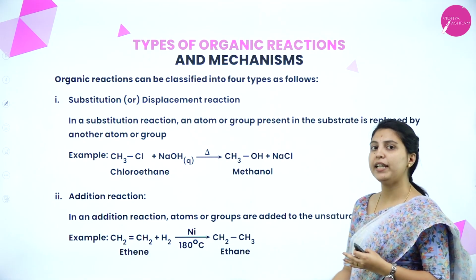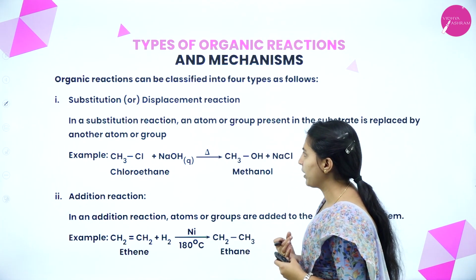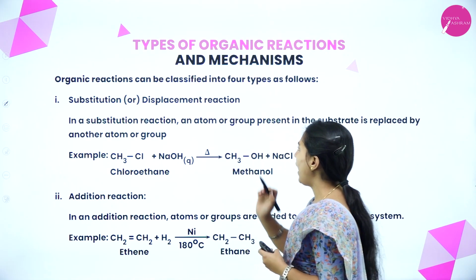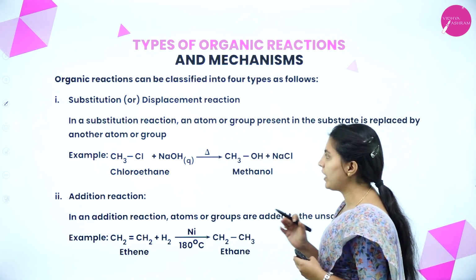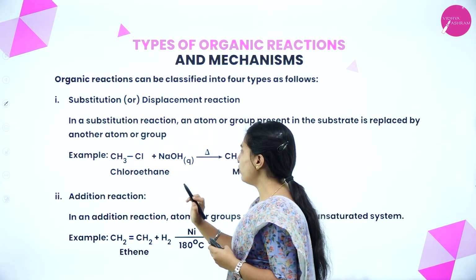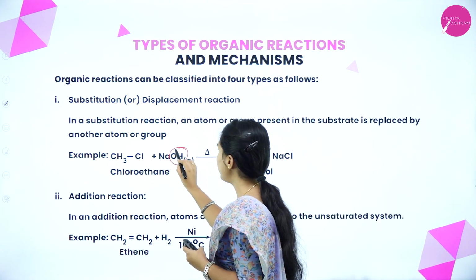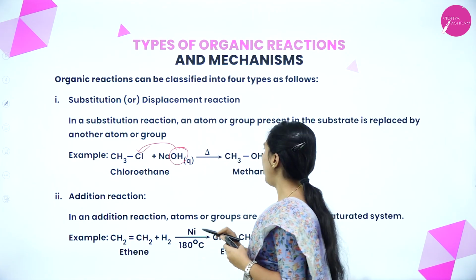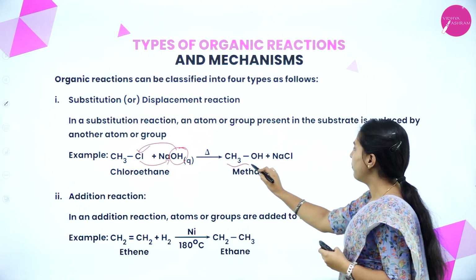One molecule will be attacked by another molecule, and a new compound will be formed. In a substitution reaction, an atom or group present in the substrate is replaced by another atom or group. That is chloroethane with a base. So this OH will be replaced here and Cl will be displaced. So it will form ethanol.